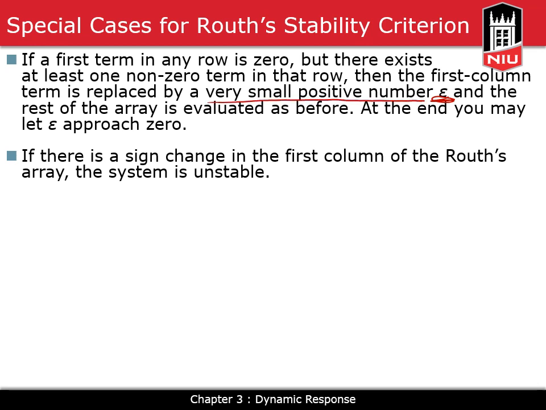Very small positive number. Using that epsilon, we will complete the rest of the table, and then at the end we let epsilon approach 0 and find the signs of all the terms in the first column based on that, and get the conclusion out of that. If there is a sign change in the first column, the system is unstable.